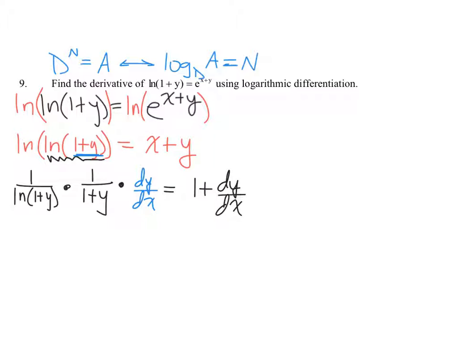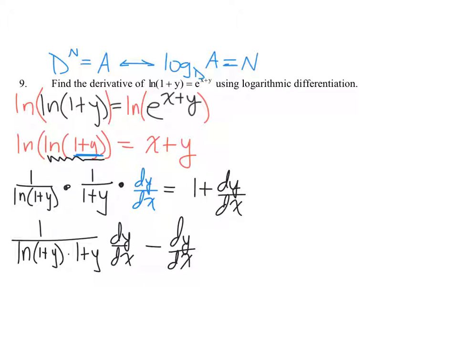All right, so a little bit more to it than I let on. So 1 over ln of 1 plus y times 1 plus y, dy/dx, minus dy/dx.